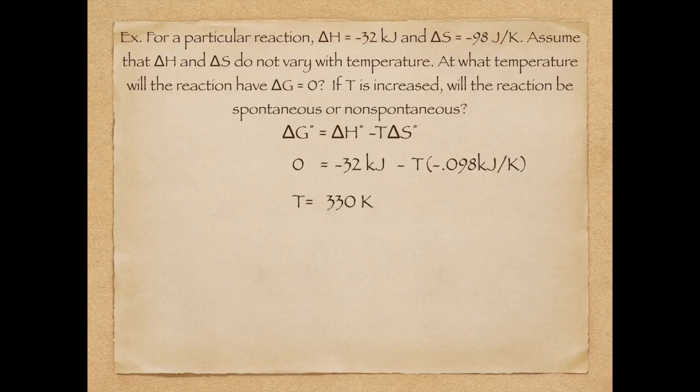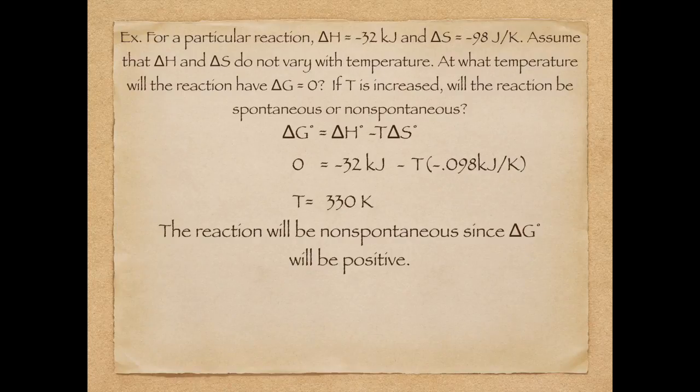So if my temperature increases, that's going to make my delta G positive if it goes above 330, because at 330 it equals 0. If I go above 330, my delta G will be positive, meaning it's going to be non-spontaneous. Now, if I decreased my temperature, then my enthalpy, the negative 32, would take control, and therefore my delta G would be negative, and the reaction would be spontaneous.